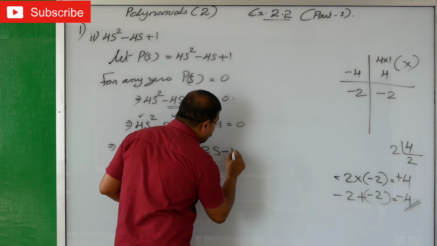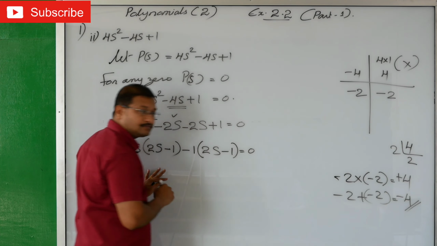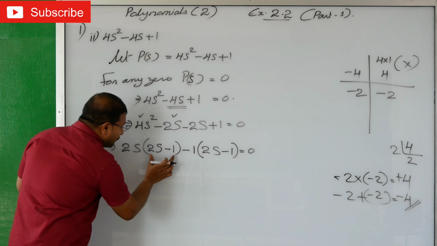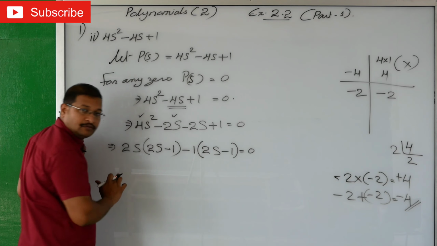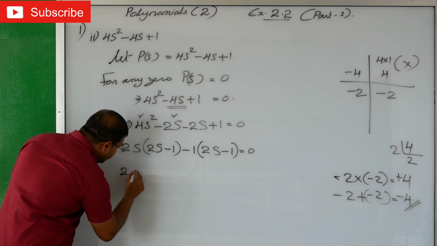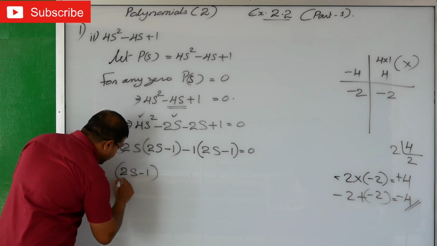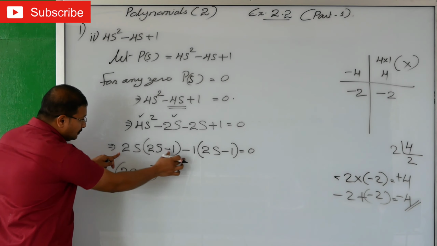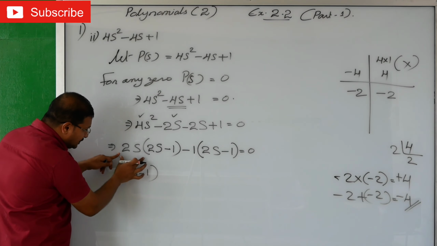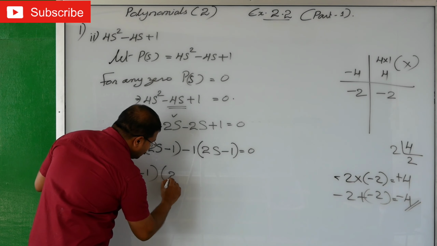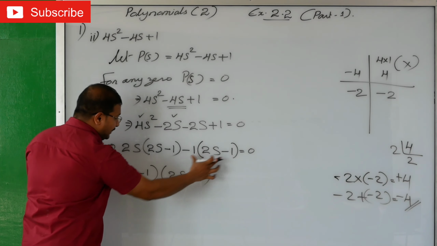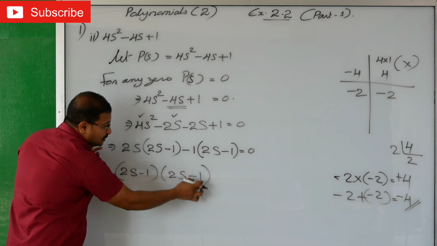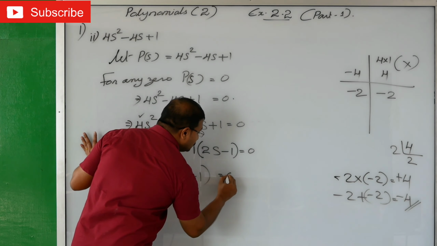That means minus 1 equal to 0. Now see, the bracket insides are same. That means that will be the common. What is that? 2s minus 1 into, what is the balance here now? If you take out 2s minus 1, what is the balance? 2s, and the balance minus 1. Because we took already 2s outside, the balance is minus 1 equal to 0.